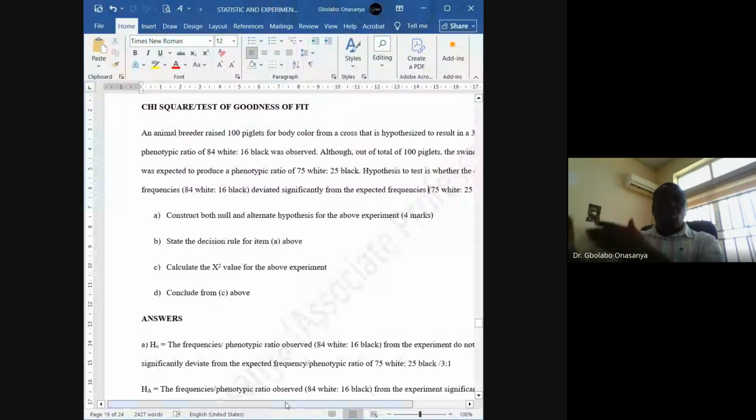So, chi-square is a test of detection of discrepancy. And how do you know the p-value of chi-square? Ordinarily, p less than 0.05 is significant, isn't it?